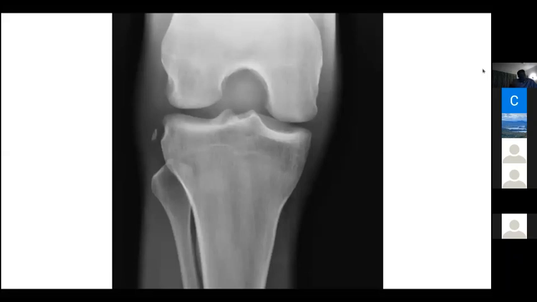What is the mechanism of this injury? Varus stress, sir. No, you were correct the first time around. Sorry, varus injury. Yeah, varus. Varus force and what else?